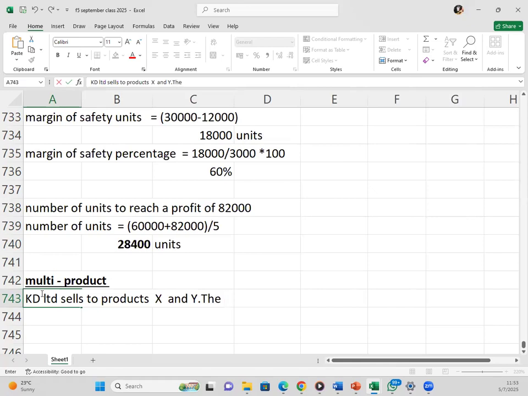The selling price is $20 and $15 respectively.